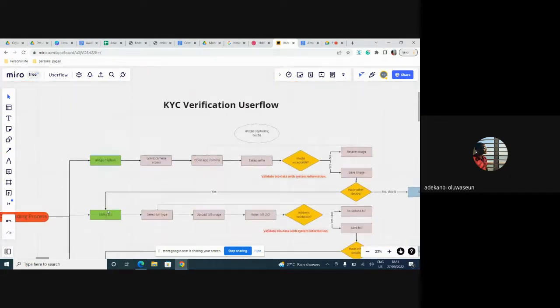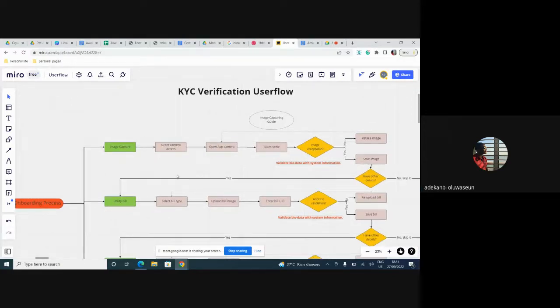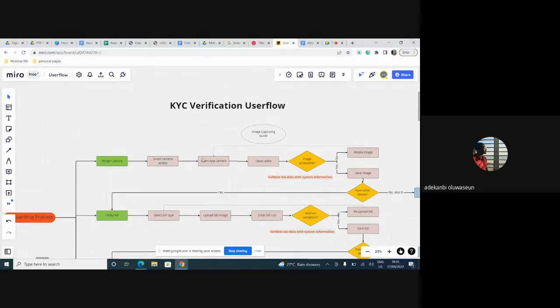Take this as an example. In your own case, you might be working on a feature that has an entirely different flow, but you can see that within this visual, I've highlighted all the steps. The first thing: grant camera access, open the app camera, take a selfie. These are the stages. If you download a mobile app, there's a pop-up that tells you to grant permission.